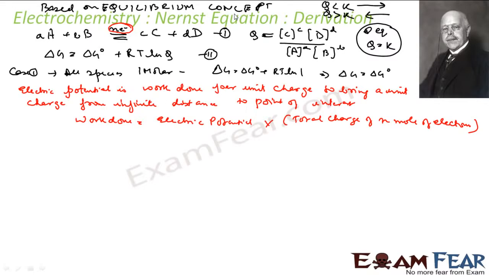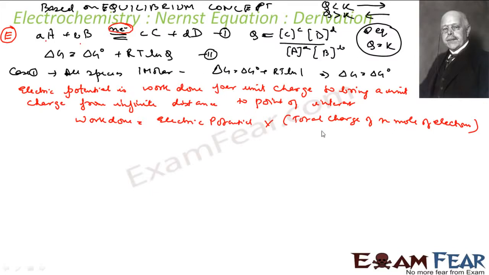For this system, let's suppose E is my electric potential and n is the number of electrons that is getting transferred here. We're using n moles because we'll not talk about one number; since it is a moles, b moles, c moles, d moles, it is n moles by default.